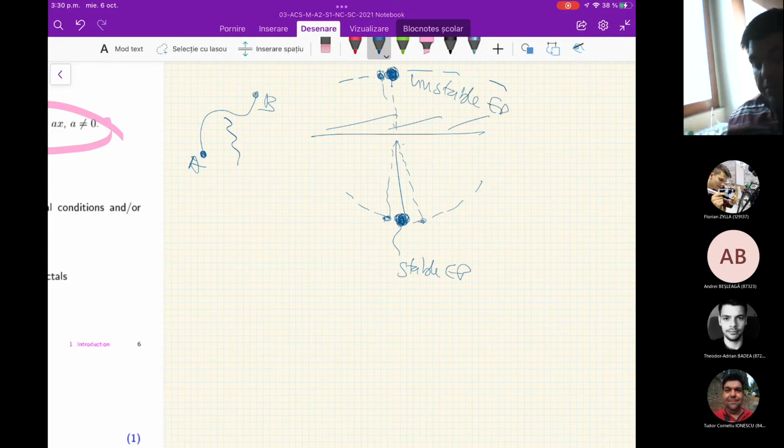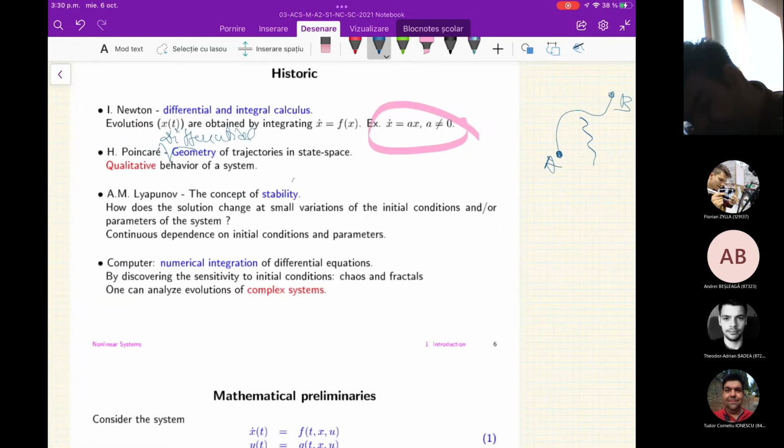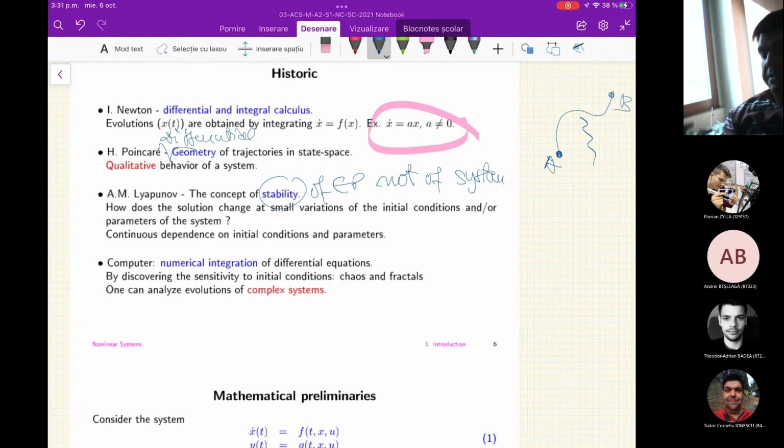So the stability now is in this Lyapunov concept. This is stability of equilibrium points, not of system. Of course, when we are able to talk about global properties of stability, then we can also call the system stable, but this is quite rare.